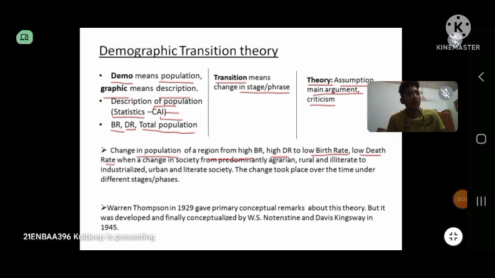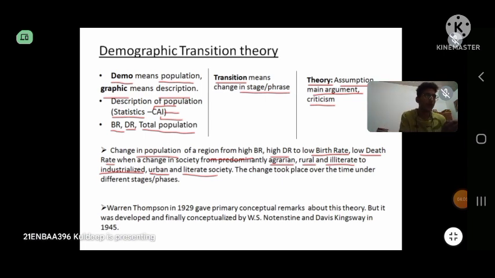This happens when society changes from predominantly agrarian, rural and illiterate, meaning initially the society is agrarian, more engaged in agriculture, more rural dominated, and the people are illiterate, to industrialized, urban, and literate. When this change in society occurs, the change in birth rate and death rate also occurs.